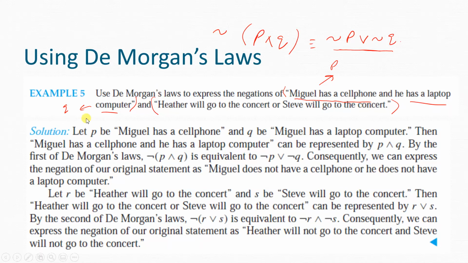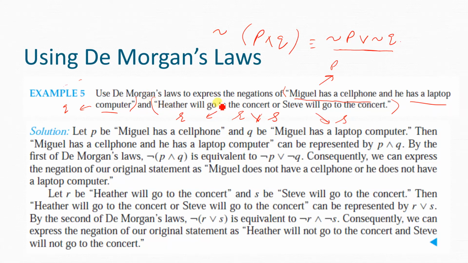So the next statement is: Heather will go to the concert or Steve will go to the concert. Let's assign variables again. Let Heather will go to the concert be R and Steve will go to the concert be denoted by S. So the original statement will be R or S. Now we have to find the negation.